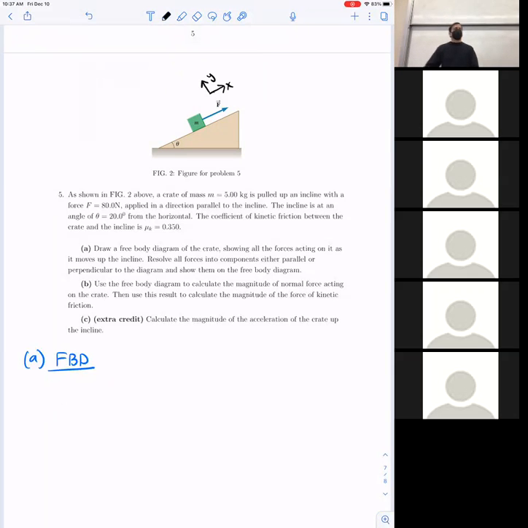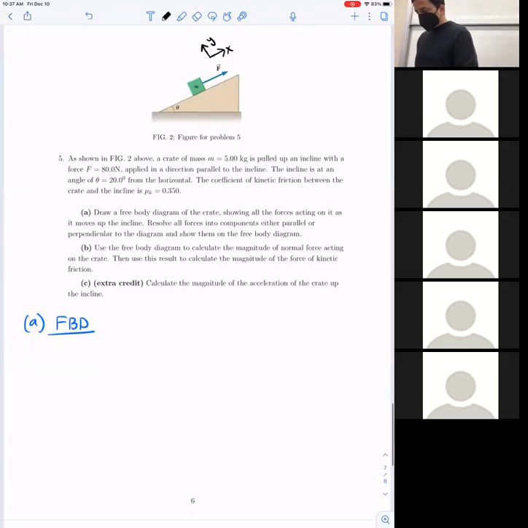So in these inclined plane problems, it just becomes useful to pick your x-axis along the incline and your y-axis perpendicular to the incline. You don't have to do it. You could pick it horizontal, but then you complicate your trigonometry for some other things. And so a good strategy is to pick your axes in this particular way.